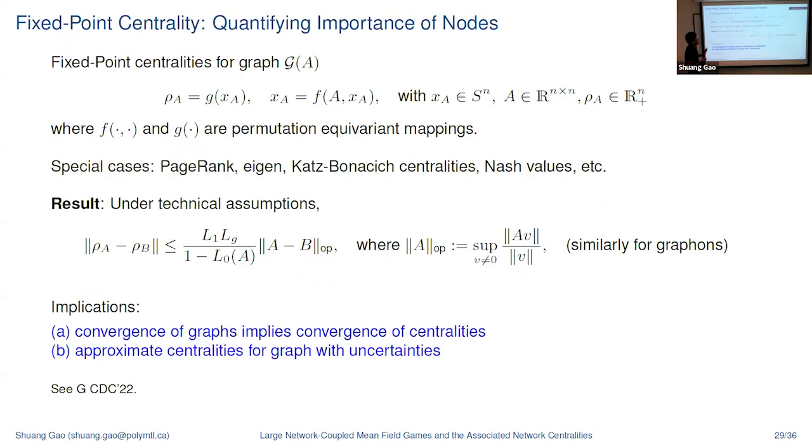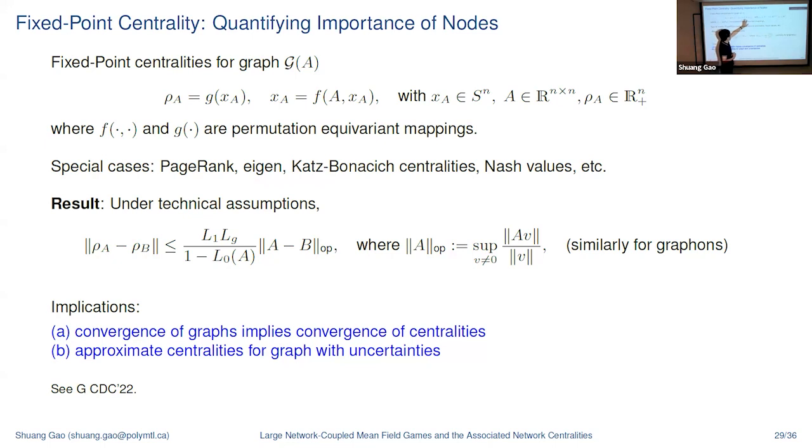Okay. And with that, we can launch into the definition of fixed point centrality, which is characterized by two maps F and G, which are permutation equivariant. X_A is the features, and the dimension of the features simply follows the number of nodes.